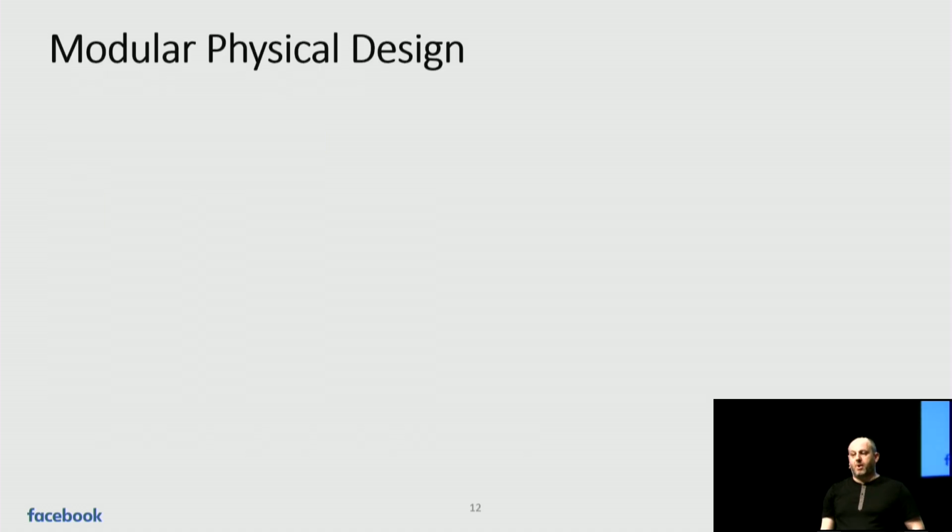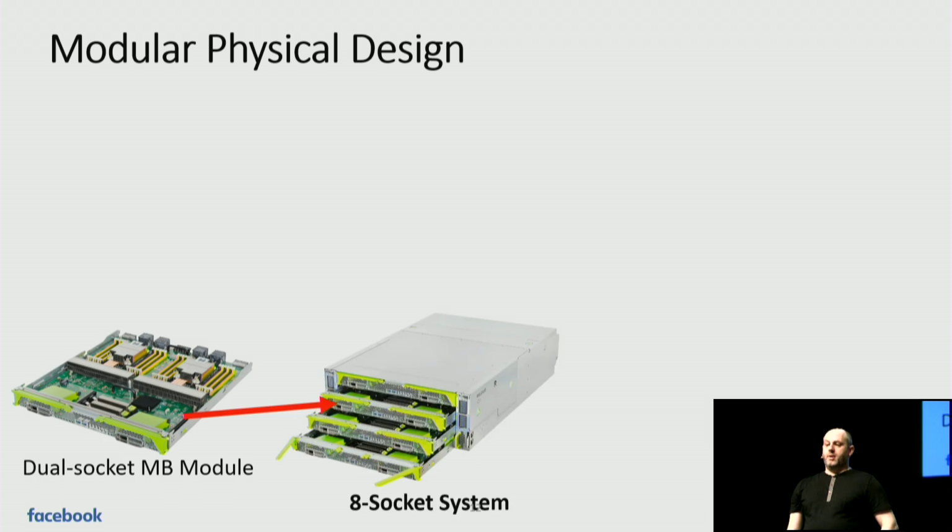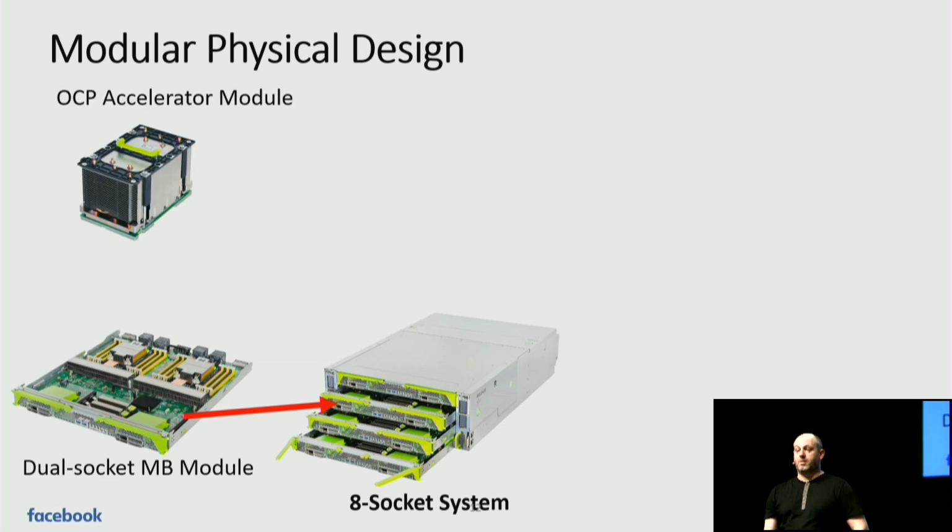One thing about our design is that it's modular. We started with a dual-socket motherboard module that contained two CPUs, and we put them together through the backplane to get an 8-socket system. Those are different modules, so they can be serviced separately, which is good for serviceability.